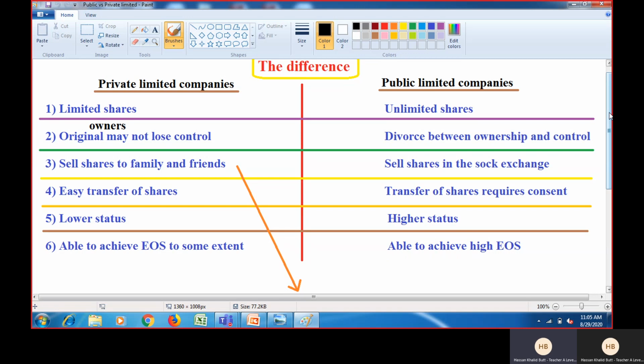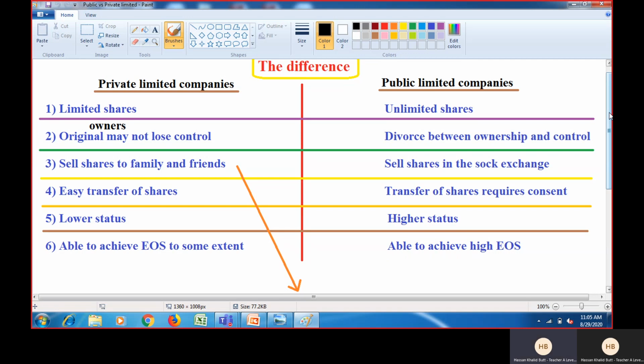For example, if one shareholder is holding 20% of the total shares issued by the company, right? So when that person casts one vote, it will be assumed that 20% of the shareholders have voted in favor of that particular person.